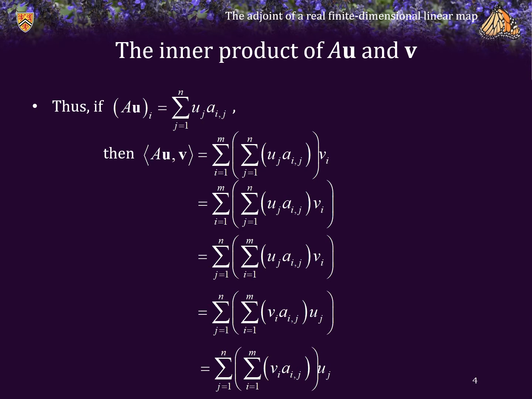All right, now what do we have here? Well, this just looks a lot like the inner product of the vector u and something multiplied by the vector v. So now we have to simply figure out how do we interpret this jth entry of the adjoint of A multiplied by v.